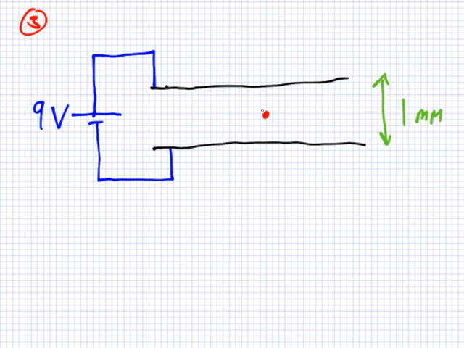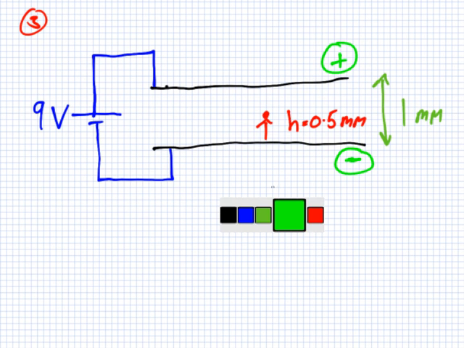So to make it a little bit nicer, I'd like the proton to be pulled down. So this is negative and this is positive, and the proton height is half a millimeter.